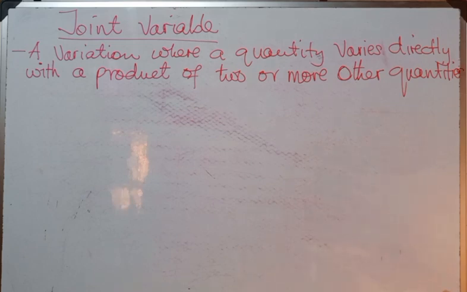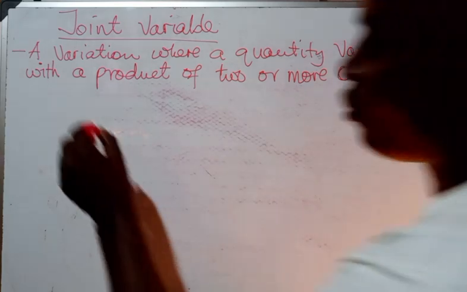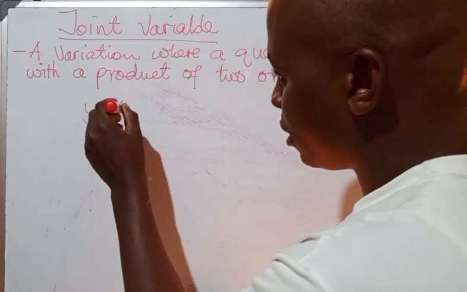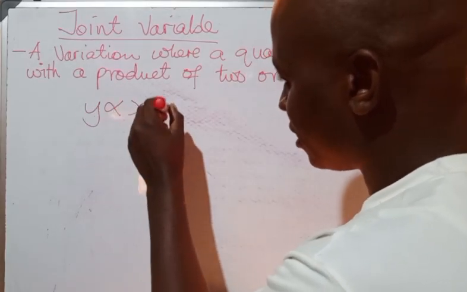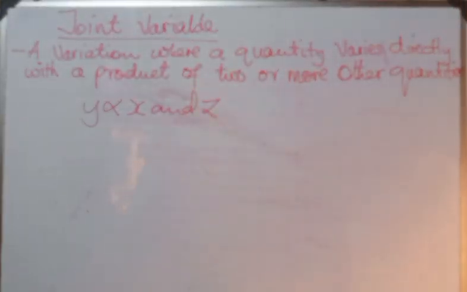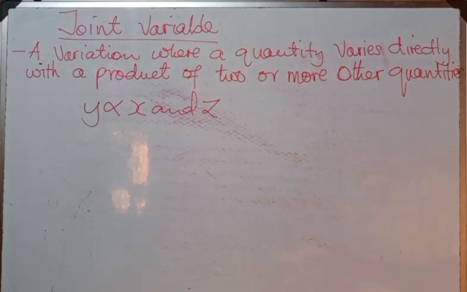What are we trying to say? If y varies directly with x and also with z, we say that y varies jointly with x and z.